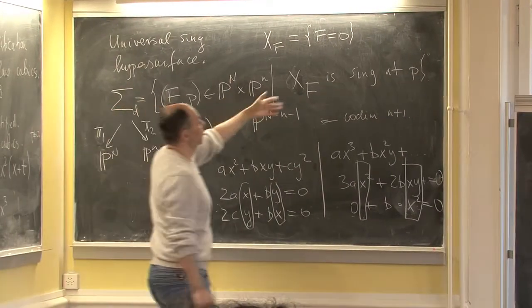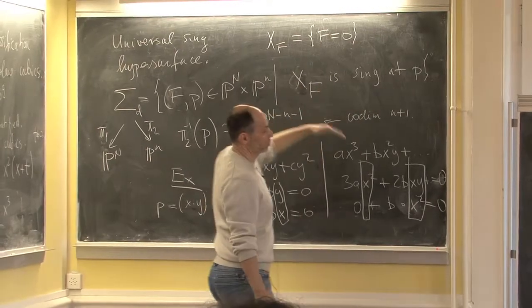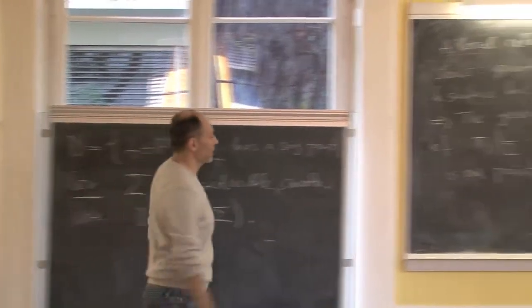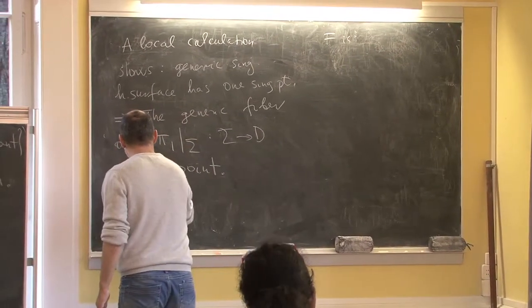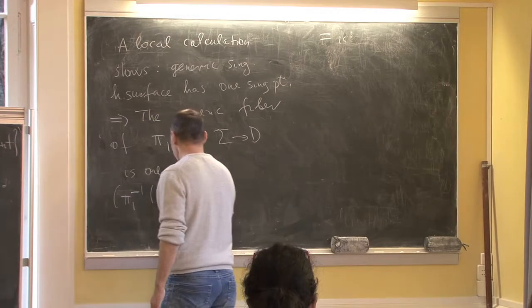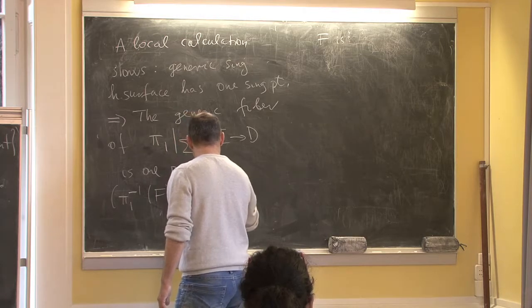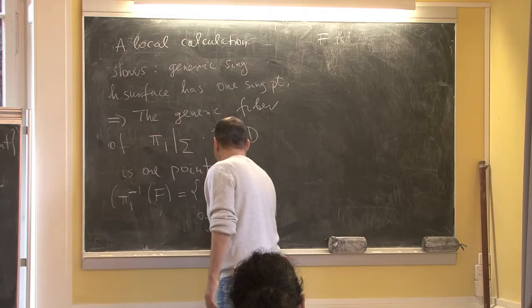And of course, for those varieties where there's only one singular point, when I project onto D, there's going to be one point in the fiber. The fiber of this map over F is precisely the singular points of F, right?